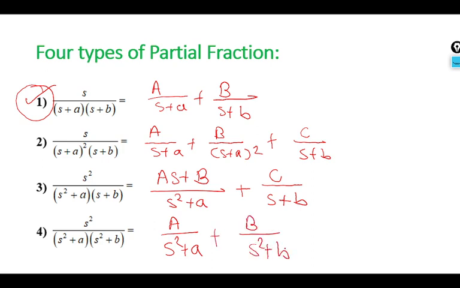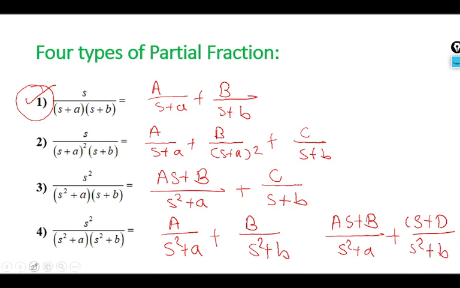Remember, in this case, if you start with As plus B upon s square plus a and Cs plus D upon s square plus b, automatically the value of A will go to 0 and the value of C will go to 0, because throughout this fraction only quadratic terms are there.